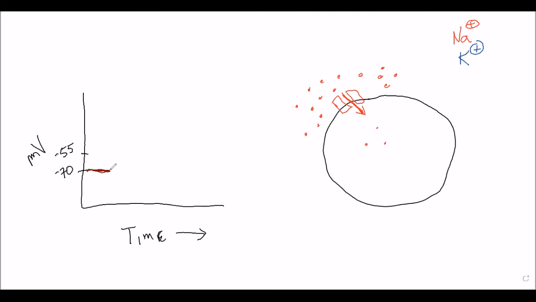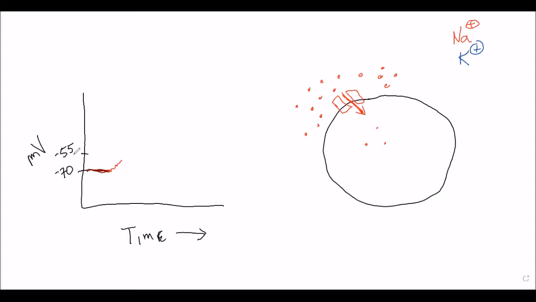So what happens here is that the cell gets stimulated, and if sodium goes into the cell, does it want to become more positive or more negative? Positive. So it's going to start going up as sodium's coming in, right? It's going up.